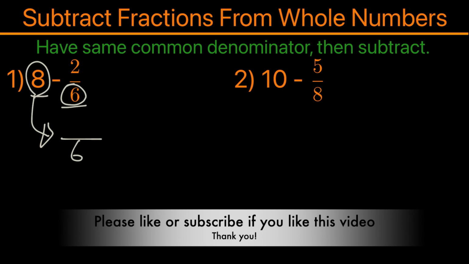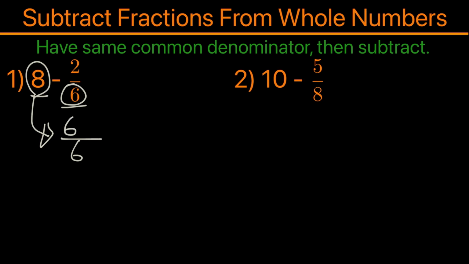So if we have a denominator of 6, we would take 6, because 6 over 6 is 1, and we have 8 of them, so we need to multiply by 8. And that will give us 48 over 6. And that will be the fraction for 8. And if you were to take 48 divided by 6, the answer would be 8.